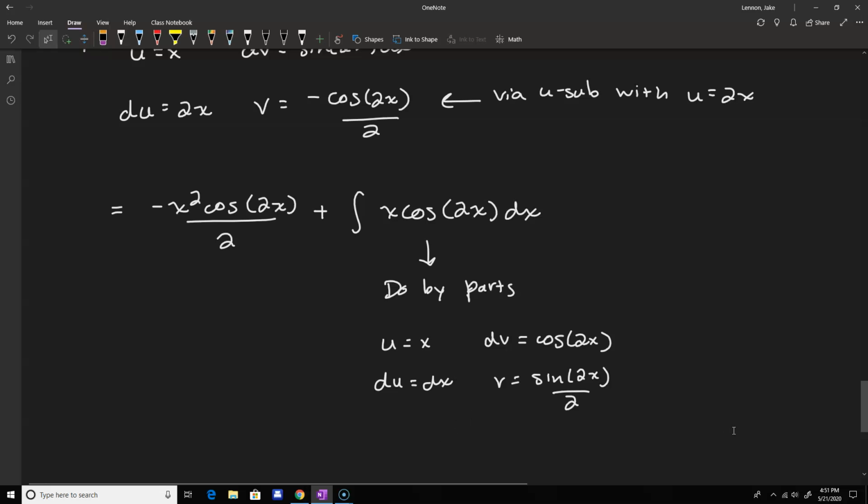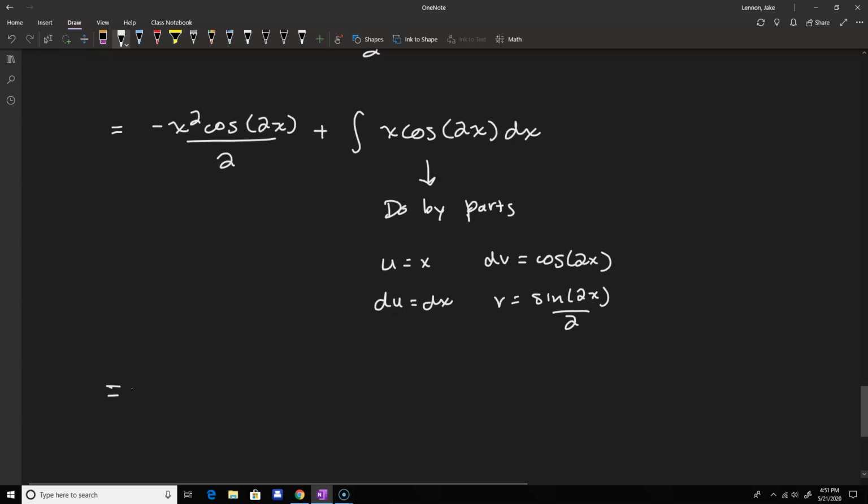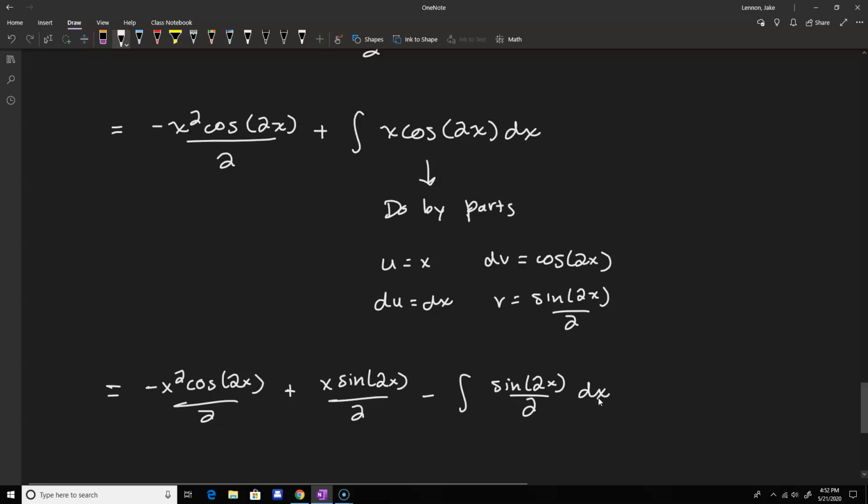So this integral, if we want to bring that down now, the minus x squared cosine 2x over 2, that first term, and then what are we going to do? We get plus uv, which is x sine of 2x over 2 minus the integral of v times du, which is just sine of 2x over 2 dx.